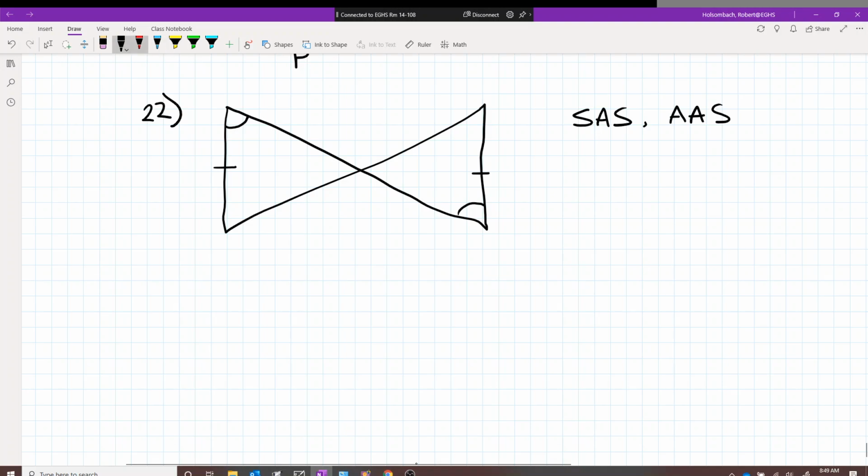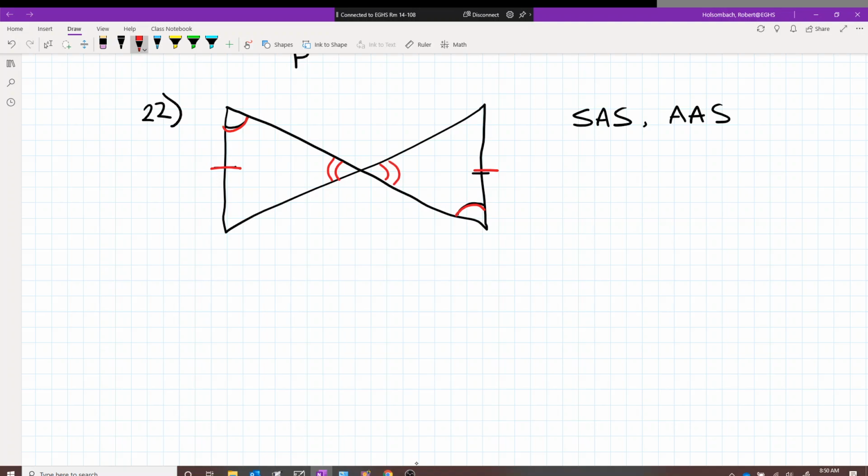Okay, in this case, you've got a side congruent to a side and an angle congruent to an angle. What they don't tell you, but you know, is that vertical angles are congruent. So these two angles in the middle of the bow tie are congruent to each other.